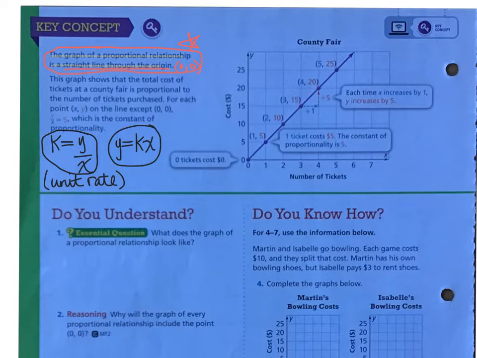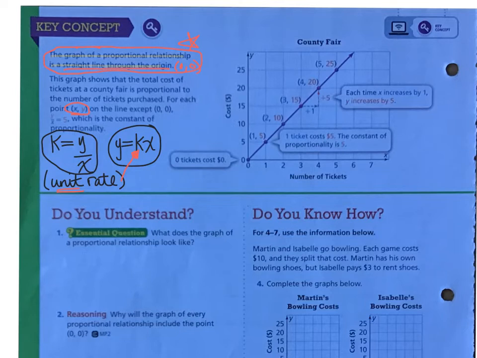We also can find the constant of proportionality by using a point x and y on the graph and seeing what that unit rate is equal to. So take your y over x and find that unit rate. Then we can use the unit rate, put it into the equation, and solve to find another piece of information that may not be on the graph.